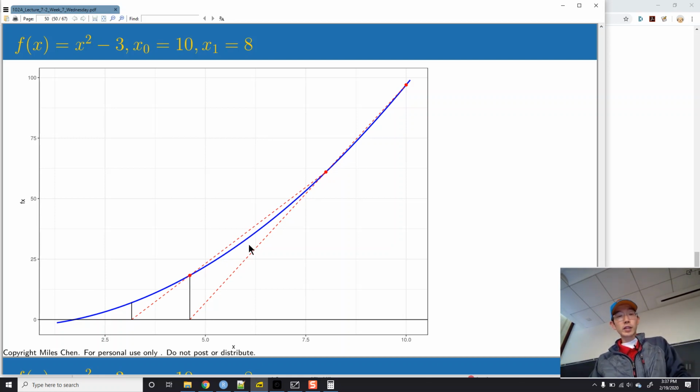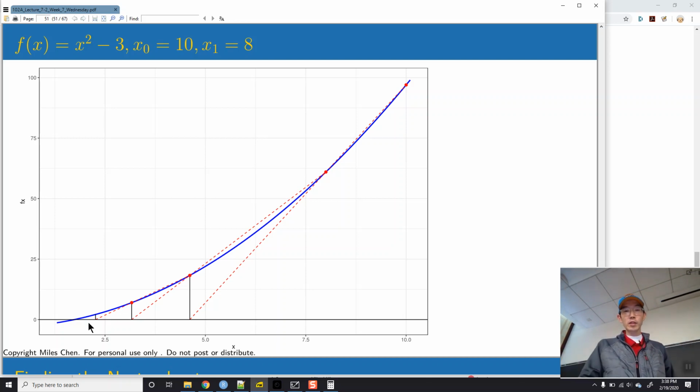Then I use this next location, draw a line from this dot to that location, trace it down to the x-axis, and keep going, so on and so forth. Does that make sense? Here I did not need to calculate any derivatives. I just need to calculate two points and draw a straight line that connects them.